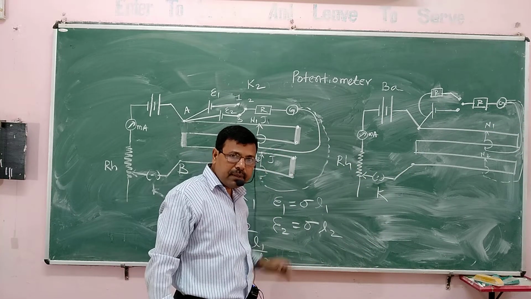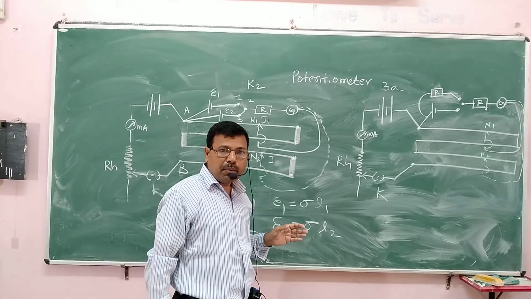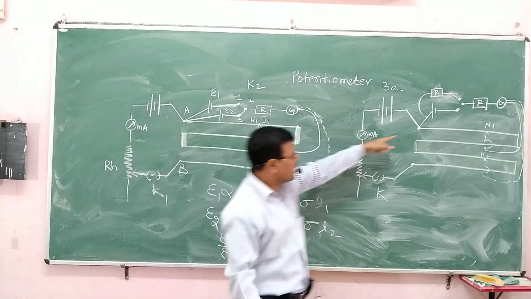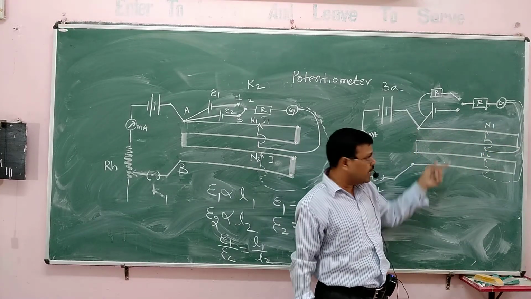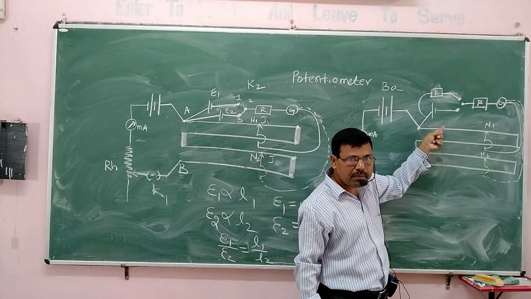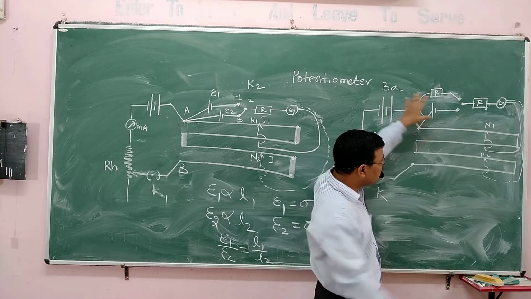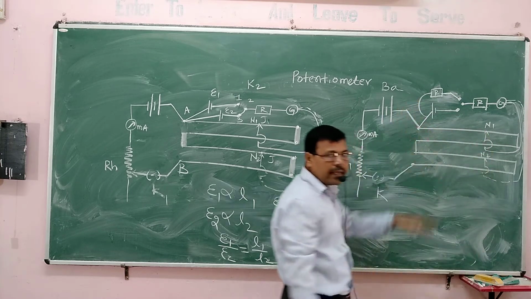So again I repeat the principle of the potentiometer. When a steady current is maintained through the wire, the fall of potential from the cell is directly proportional to the balancing length.